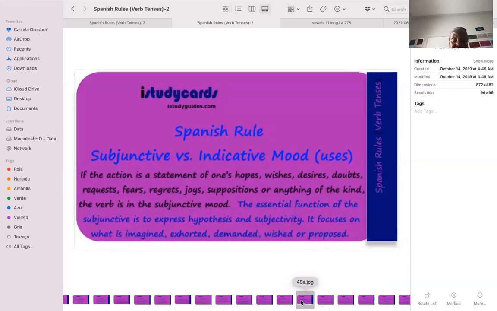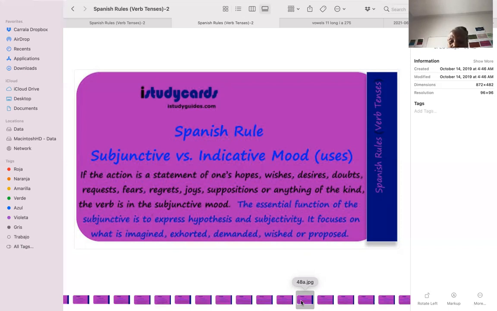If the action is a statement of one's hopes, one's wishes, one's desires, one's doubts, one's requests, fears, regrets, joys, suppositions, or anything of the kind, the verb is in the subjunctive mood.